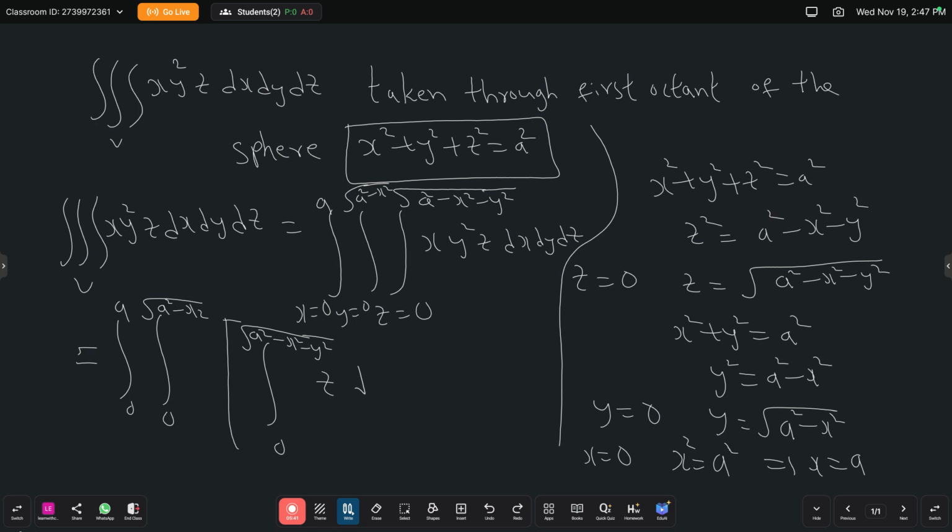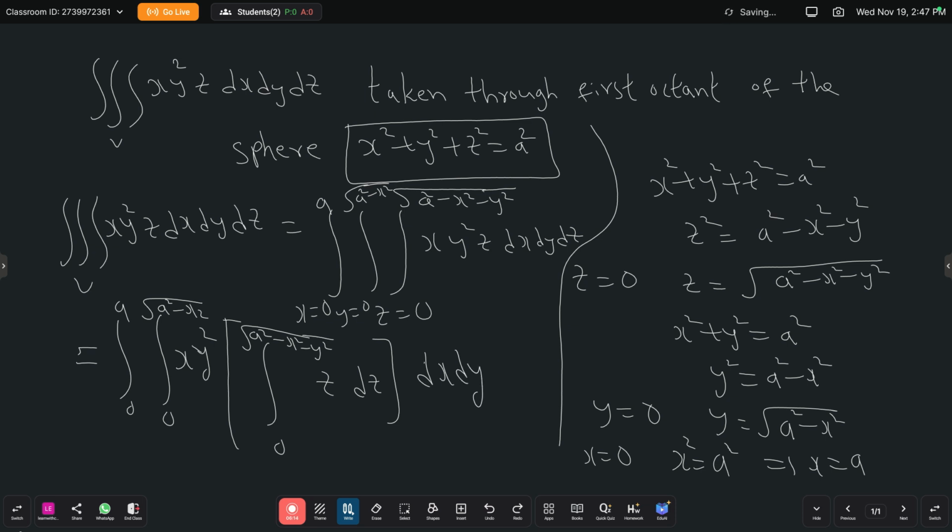So only z dz. While integrating with respect to z, x is a constant, y square is a constant, so that can be taken outside the integral. Because the limits for z are 0 to root a square minus x square minus y square, x y square into dx dy is remaining.